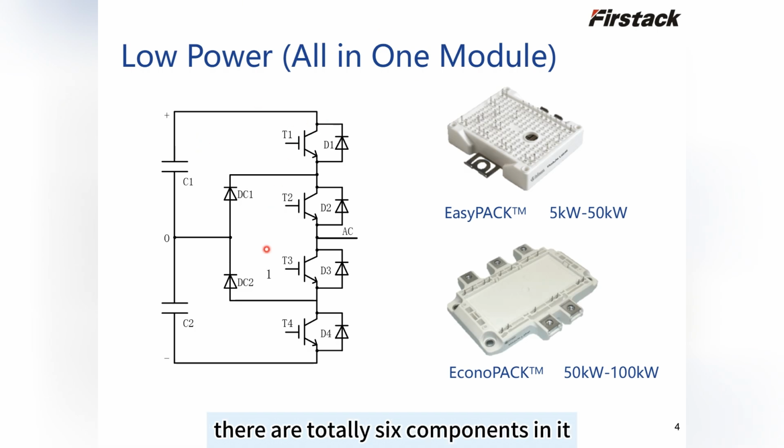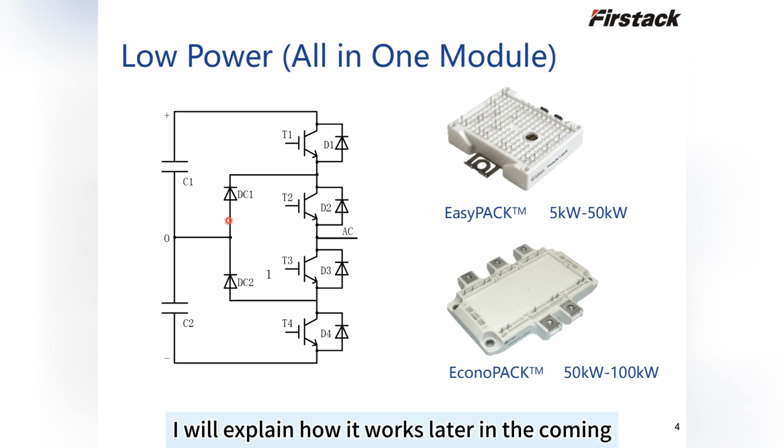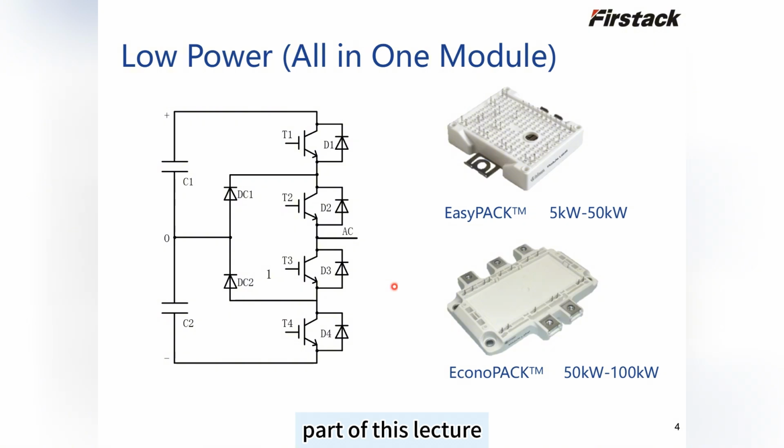There are 6 components in total: T1 to T4 are IGBTs with their corresponding diodes, and DC1 and DC2 here on the left are the clamping diodes of the input voltage midpoint. I will explain how it works later in this lecture. So this is the low power application.